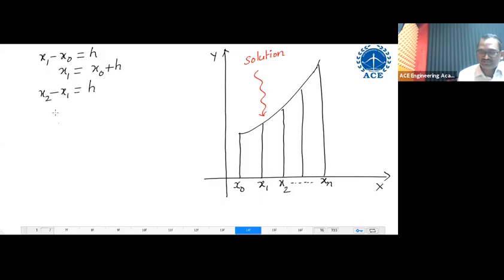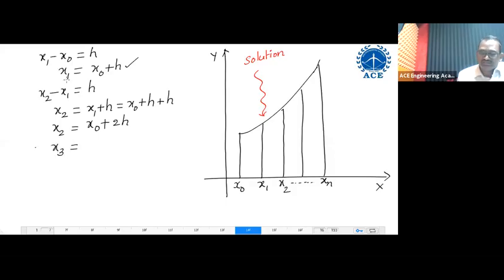Let it be h. So x2 is equal to x1 plus h. X1 value is already found, x0 plus h, plus h. So that is x0 plus 2h.